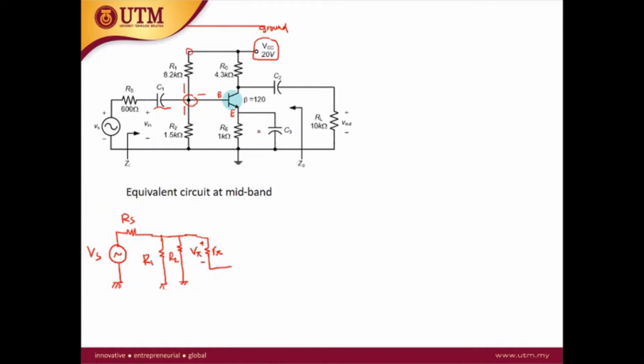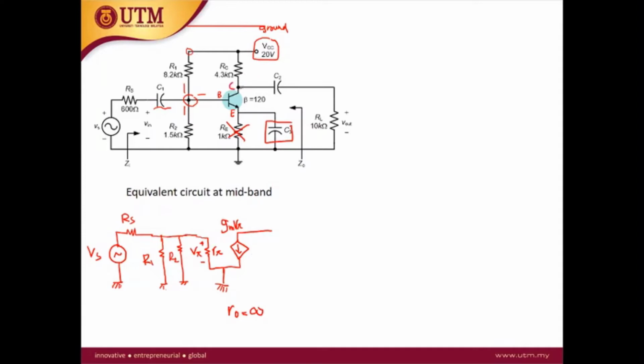And at the emitter, since we have this bypass capacitor here, RE can be removed, so the emitter is directly connected to ground. Between the collector and emitter, we have the current source pointing downward, with the value gm V pi. Since r naught is infinity, there is no need to draw r naught.